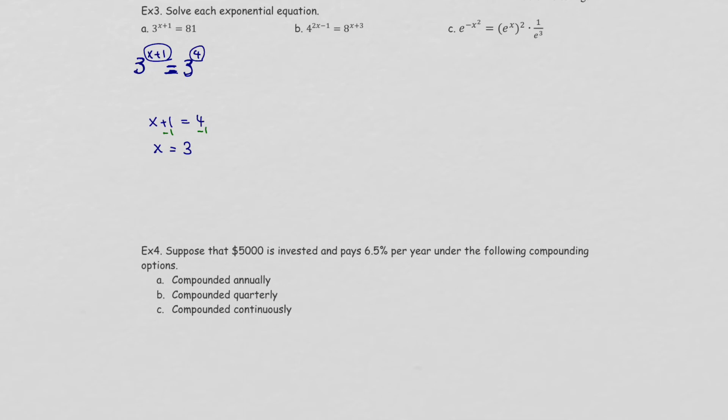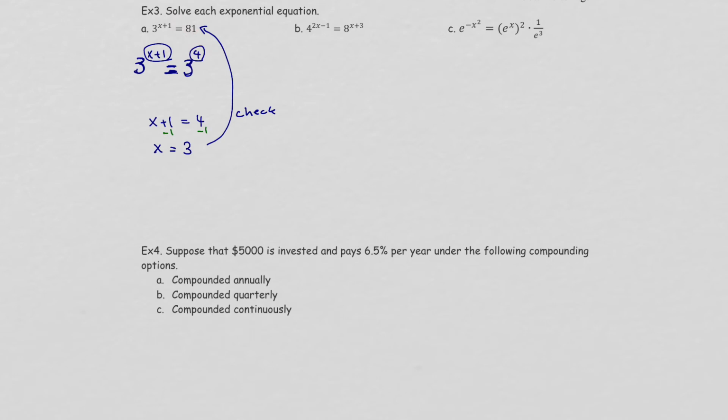If you want to check that, you can check by plugging those values into the beginning problem, not in the middle. Do not check it here, because what if you made a mistake, right? So always check your solution from what you started.